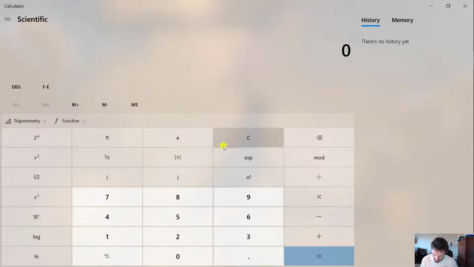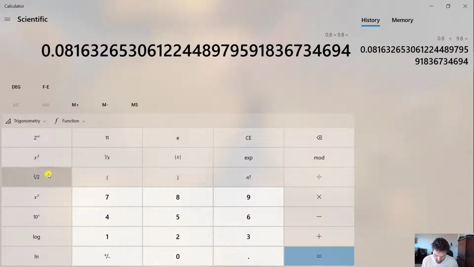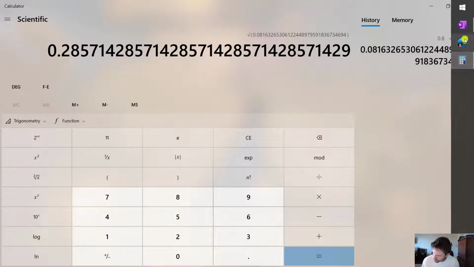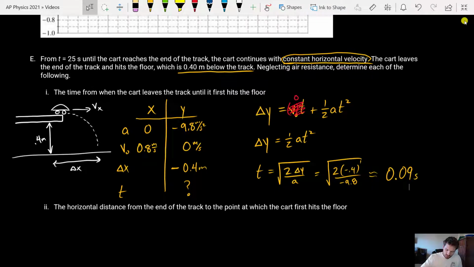Why is it so gigantic? There we go. I would need to do 0.8 divided by 9.8 equals, and then square root it, 0.285. So not that. 0.285 seconds would be our time.